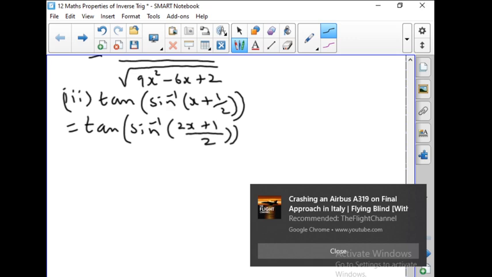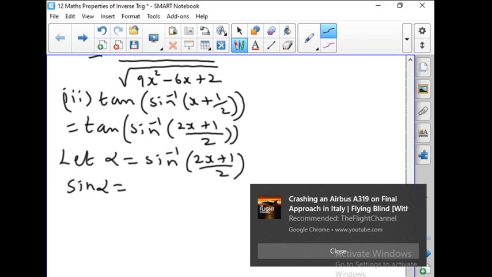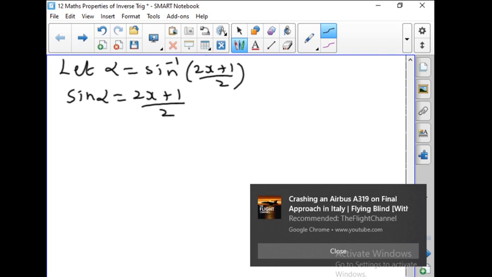Now we will take this as alpha. Let alpha be equal to sine inverse of 2x plus 1 by 2. So sine alpha is equal to 2x plus 1 by 2.